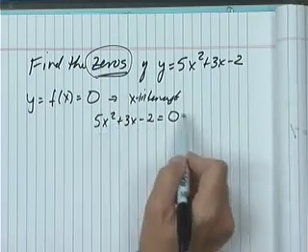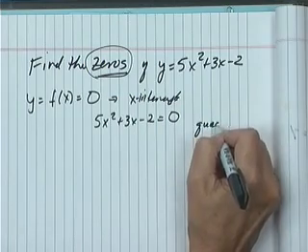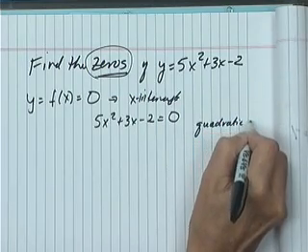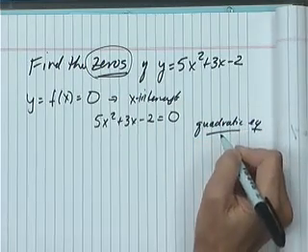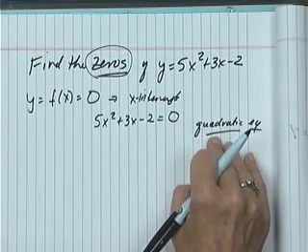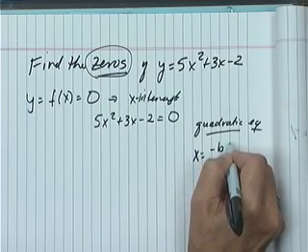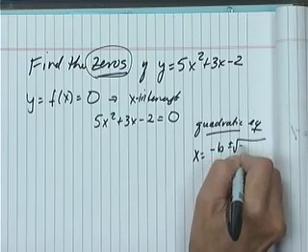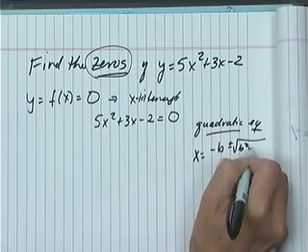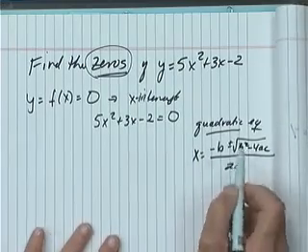Okay, what's the name for this equation? It's called a quadratic equation. All right, to solve a quadratic equation, you might use the quadratic formula. What is the quadratic formula? X equals negative b plus or minus the square root of b squared minus 4ac, the whole thing over 2a.